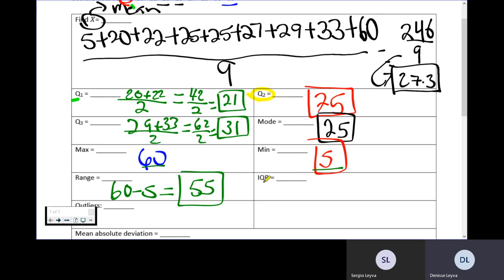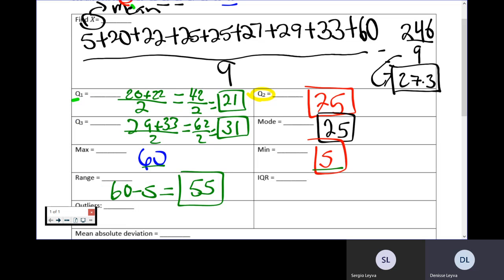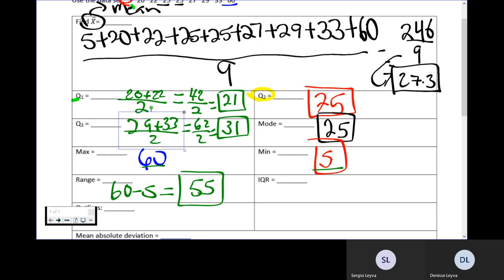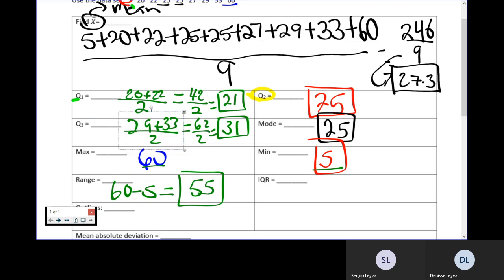Your IQR is kind of the same thing, but you're looking at Q1 and Q3. My Q1 in this case is 21, and my Q3 is 31. So I'm going to subtract. My pen doesn't work. Let me try again.